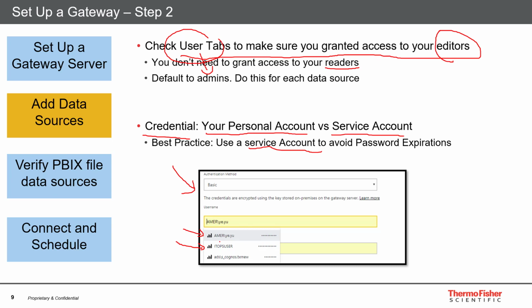For my case, my password will expire every 90 days. If I use my personal account, after 90 days I have to come back, change my password, and give this data gateway a new credential, and it might cause my refresh to fail.